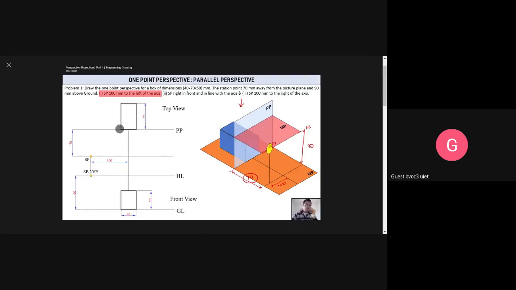Okay, and how to make that assessment? Because we are watching this from over here, from the left slightly, so it would appear to us something like this. This will get narrower and it will appear as if it is this much. So the face which is 40 in reality will appear as if it is only this much in perspective. Let me just erase this. So let us just focus on drawing.